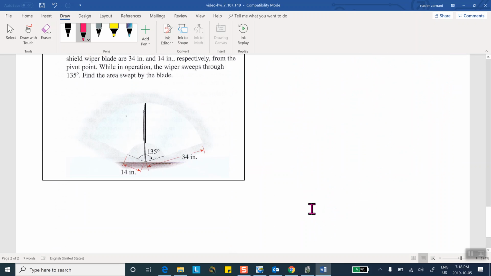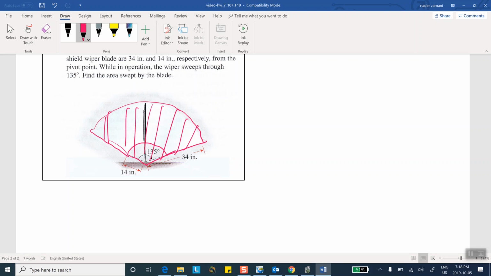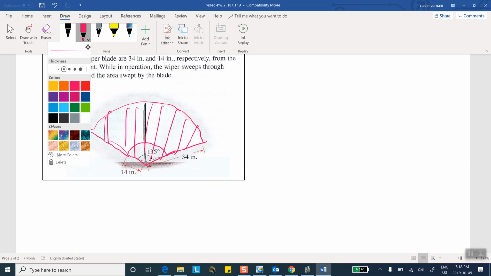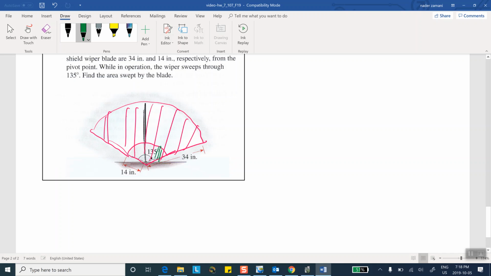Let's do the next one. Here it shows you a wiper blade. It says find the area that it's actually sweeping. What we're going to do is we have an area like that. We have the radius, we have the angle, and we have an area like this. We have the area and we have the angle, and write them down and subtract them from each other.